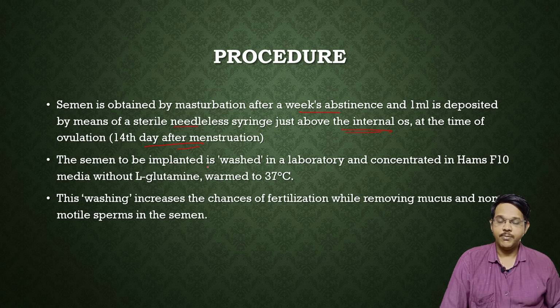The semen which is implanted is first washed using concentrated Ham's F10 solution, warmed to 37 degrees centigrade. The washing process removes unwanted immotile sperms as well as mucus, which helps increase the chances of fertilization.